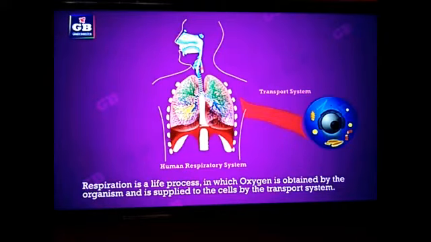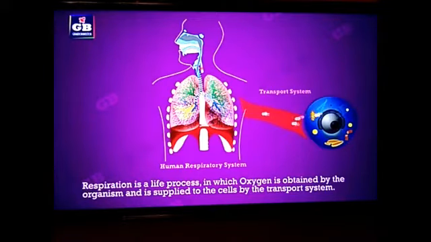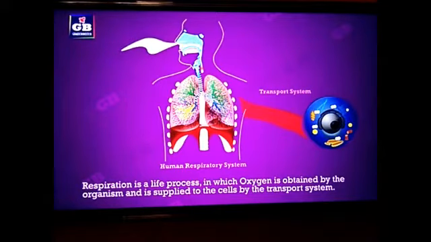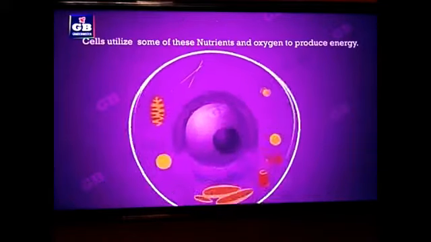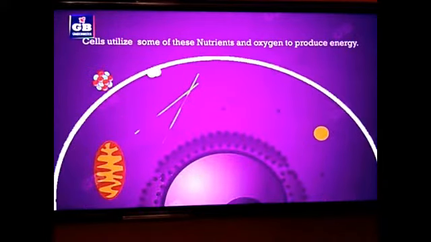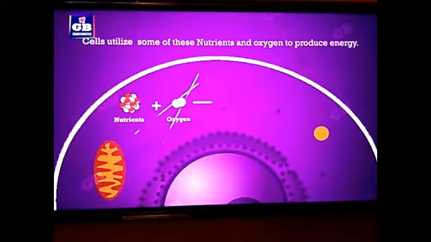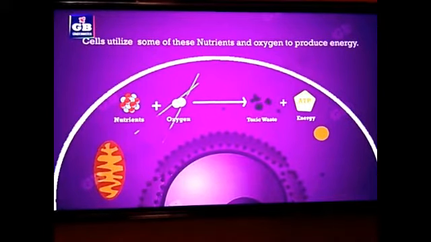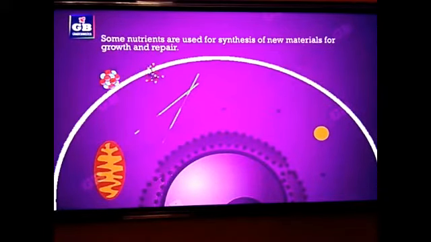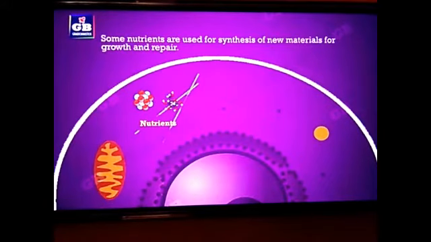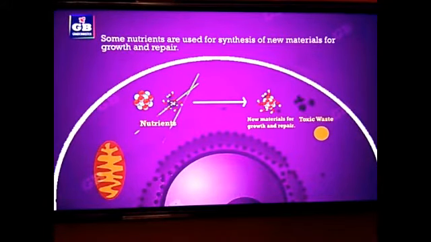Respiration is a life process in which oxygen is obtained by the organism and is supplied to the cells by the transport system. Cells utilize some of these nutrients and oxygen to produce energy. Some nutrients are used for synthesis of new materials for growth and repair.